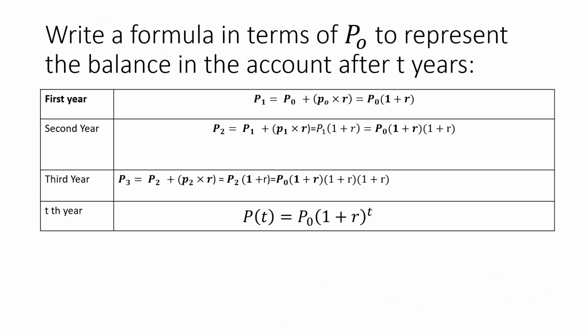There's another way of writing the formula, but you arrive at the same thing. This one says P naught is 1,000 plus 1,000 times 5 over 100, so it's 50.